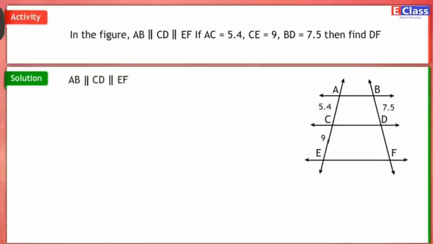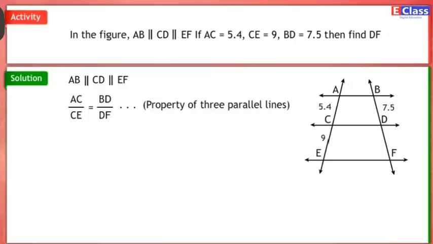AB is parallel to CD, which is parallel to EF. AC upon CE is equal to BD upon DF by property of three parallel lines. 5.4 upon 9 is equal to 7.5 upon DF. Hence, DF is equal to 12.5.